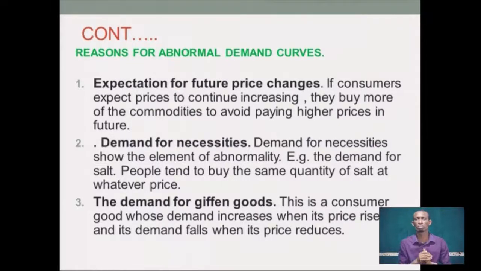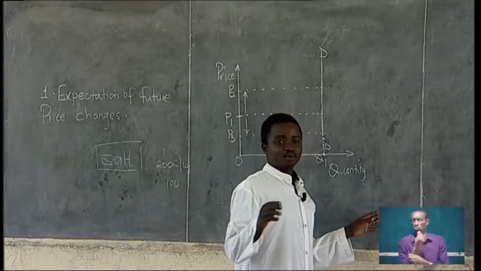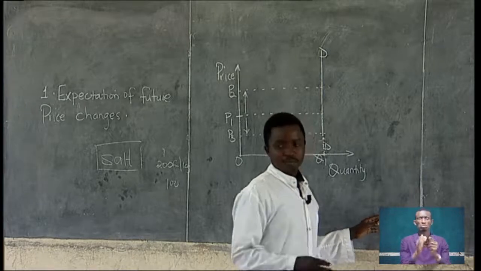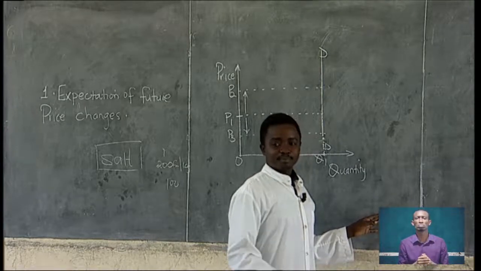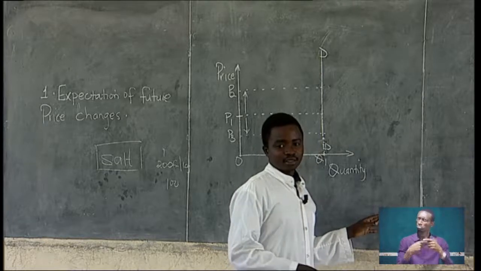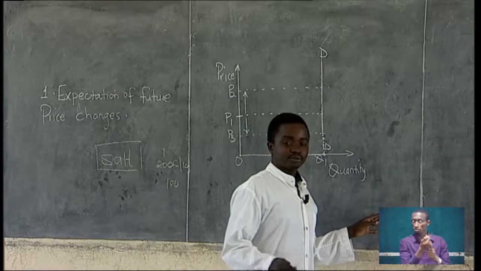Even rice, we may put it under Giffen goods. These Giffen goods lack close substitutes. For example, the consumer of beans or rice, even if price rises, may continue buying it, and when the price falls, he reduces the quantity.